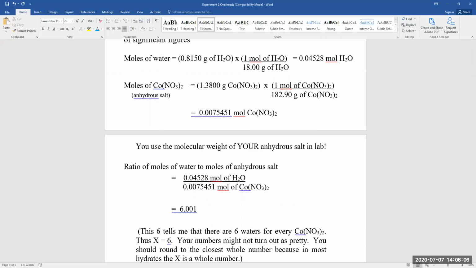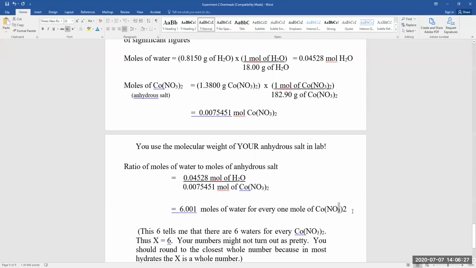Okay, and this is moles of water for every 1 mole of CoNO3 twice. So that is my X.